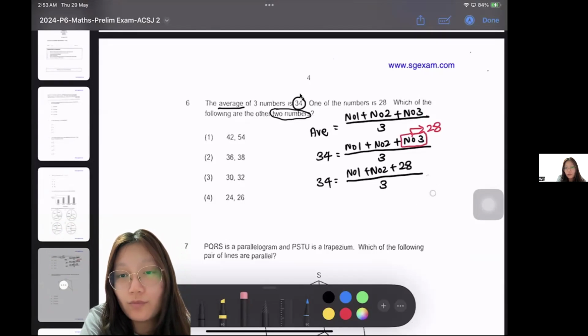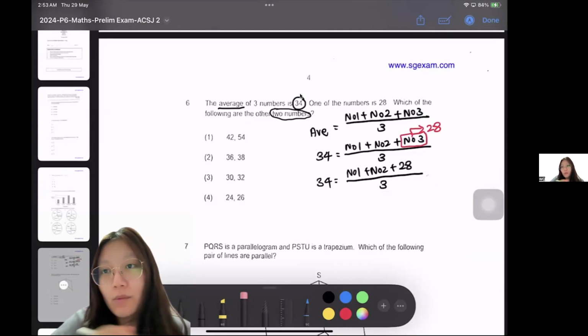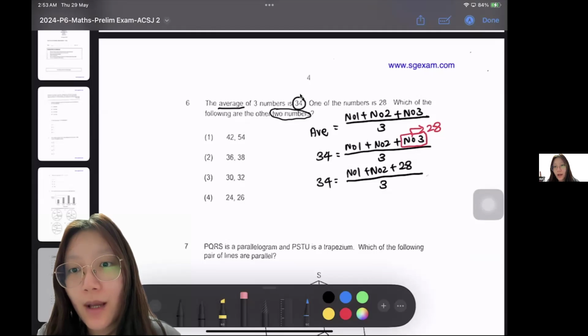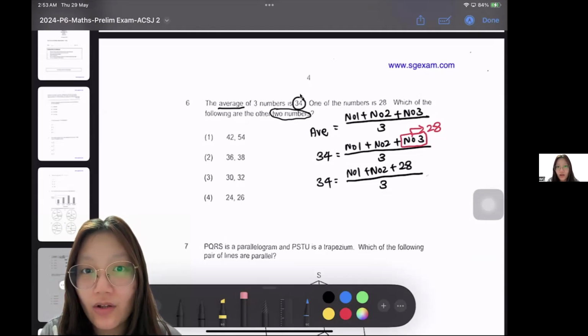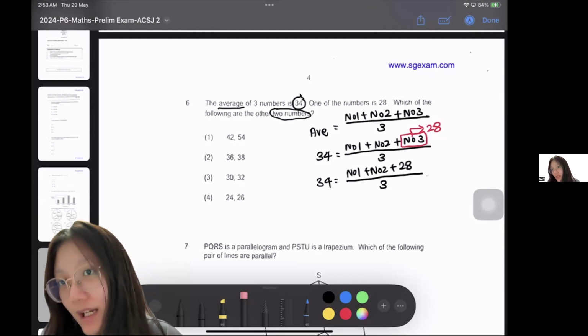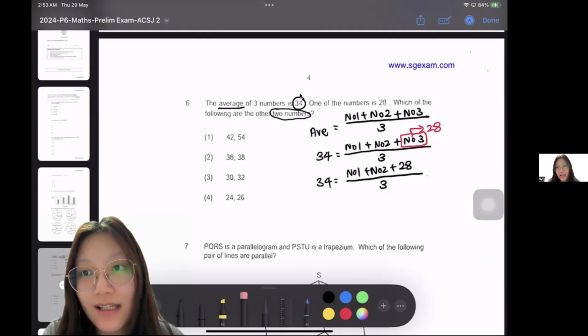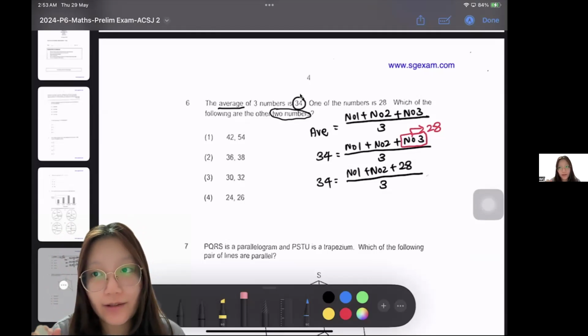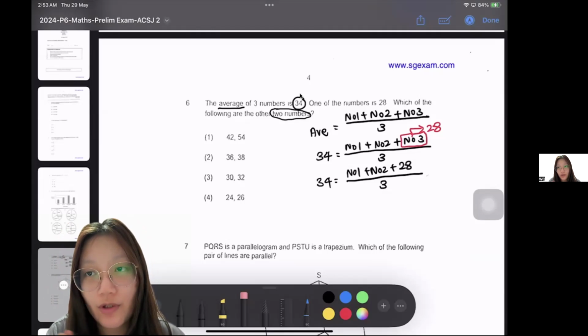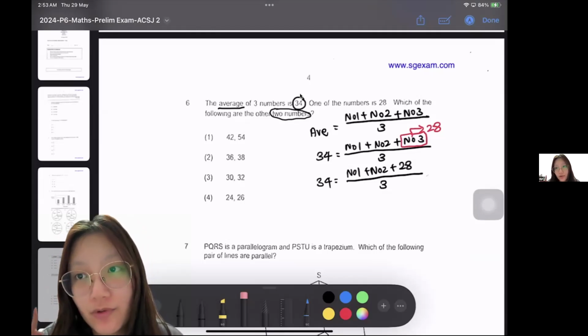So what we're going to do now is to bring all the numbers to one side, and number 1 and number 2 to the other side. This is called isolating the numbers. So we're going to bring the 28 and the 3 over to the 34 side because we want to put all the numbers on one side and number 1 and number 2 on the other side.